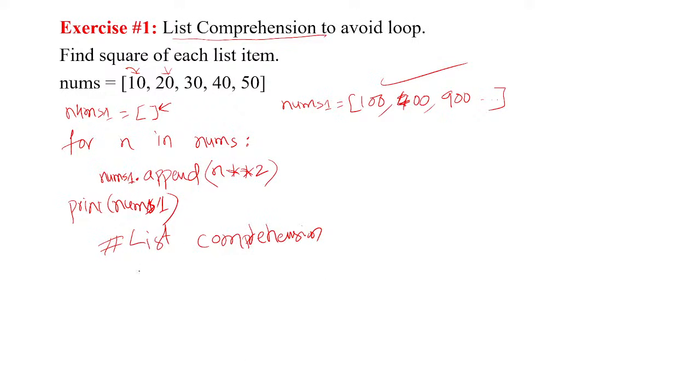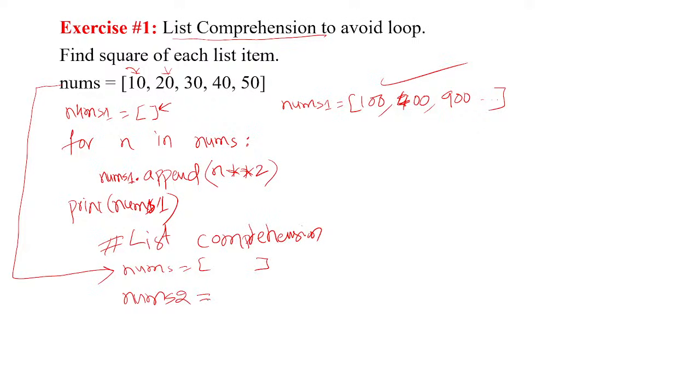So assume that this is our nums1, this is our first line here. You have nums with these elements. Now I want to create a new list here, nums2 this time.